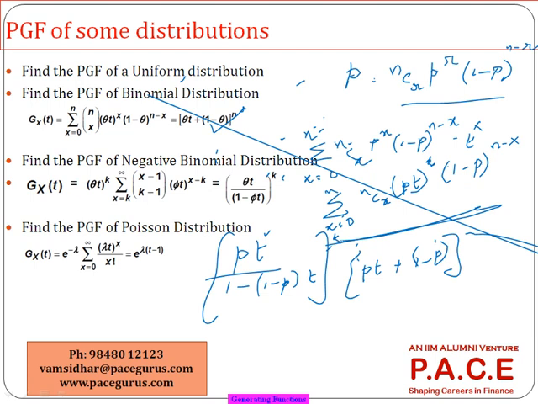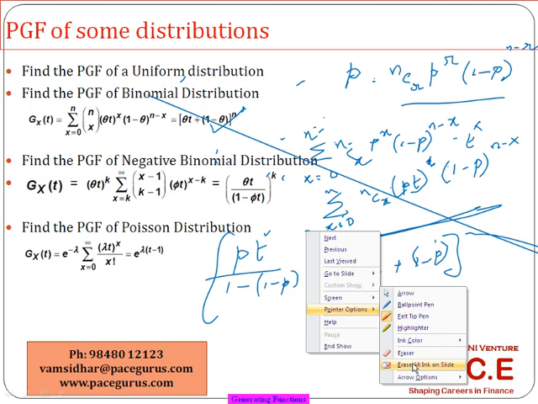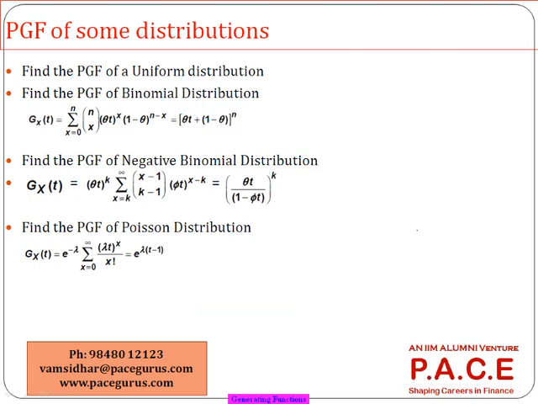Because if we have to see it, we know that the negative binomial distribution is (x-1)C(k-1) p^k (1 - p)^(x-k). This is the probability for the negative binomial distribution.